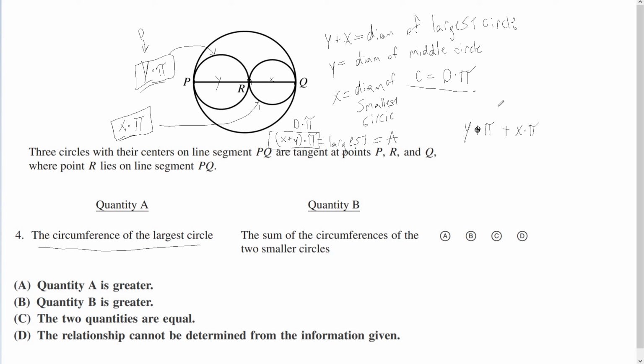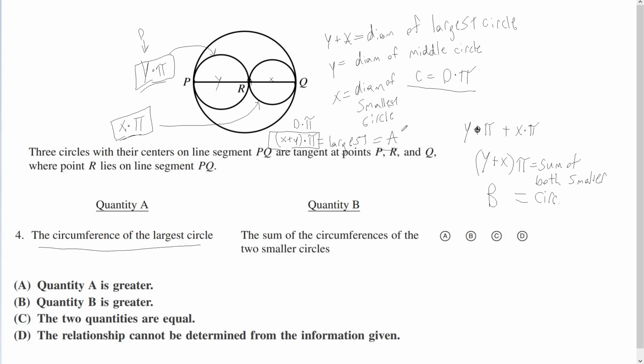Now we have pi on both, so we can factor that out, and that will take you to (y plus x) multiplied by pi. This equals the sum of both smaller circumferences. So this is going to be equal to B.